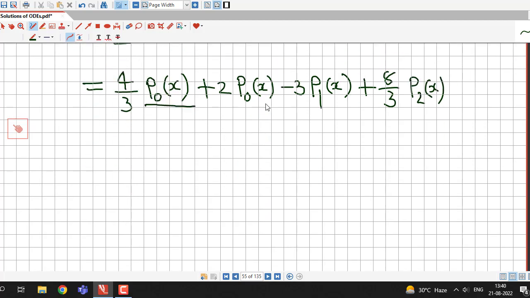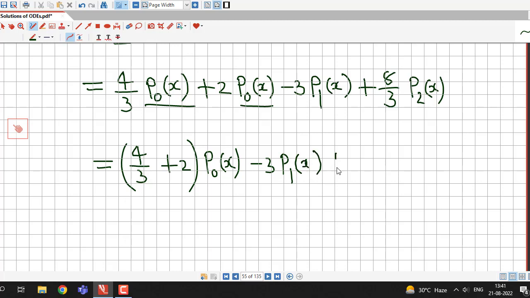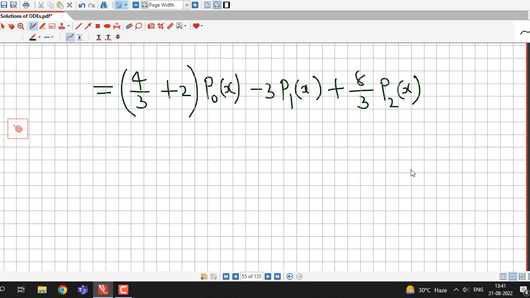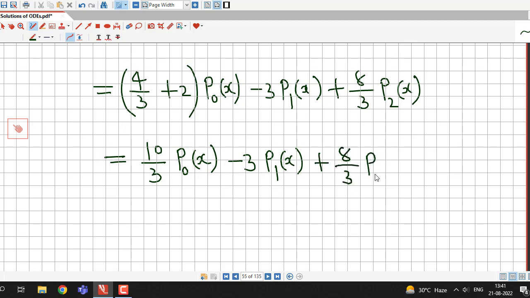Here I can take P0(x) common, and I am left with 4 by 3 plus 2 into P0(x) minus 3 times P1(x) plus 8 by 3 times P2(x). This I can rewrite as 4 plus 3 into 2, that is 6, and 4 plus 6 is 10: 10 by 3 times P0(x) minus 3 times P1(x) plus 8 by 3 times P2(x).